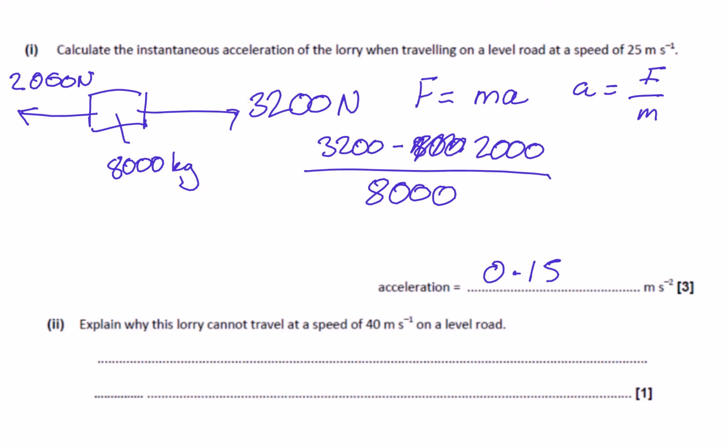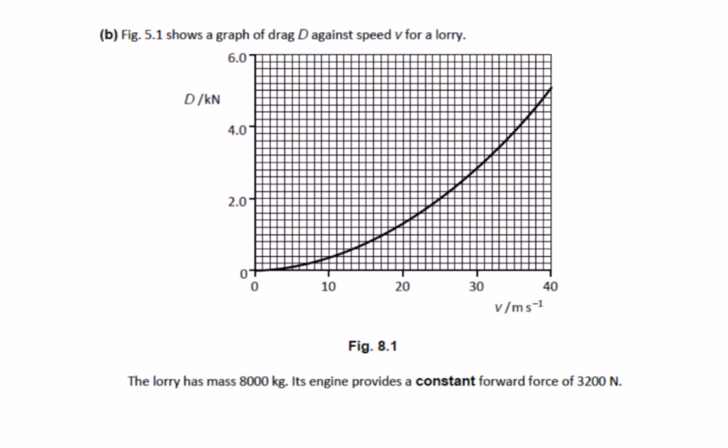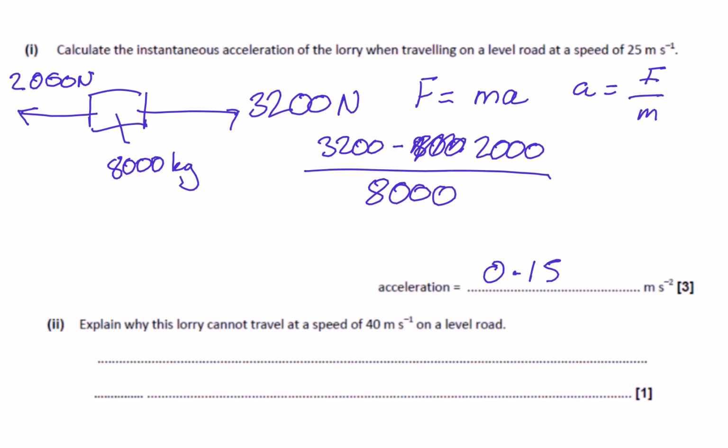And part 2, we've got to explain why this lorry cannot travel at a speed of 40 meters per second on a level road. So again, if we come back to our graph, if we're travelling at 40 meters per second, then I'm coming off here, and that's looking like around about 5,000 newtons of drag force, which of course is greater than 3,200 newtons of the engine.